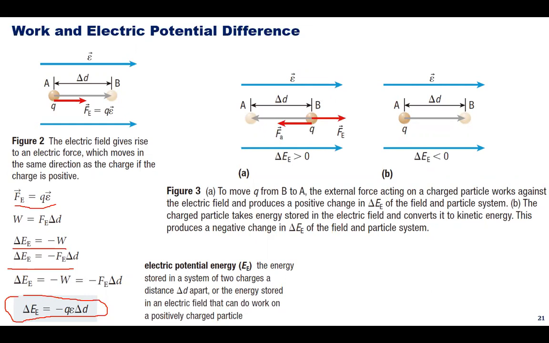So the displacement is opposite to the direction of the electric force. The work done by the electric field on the particle is thus negative, right? Therefore, according to the electric potential energy equation, the change in electric potential energy must be positive. In other words, a positive amount of energy has now been stored in the system composed of the charge Q and the electric field. The energy came from the positive amount of work done by the external force Fa that moved the charge from point B to A.